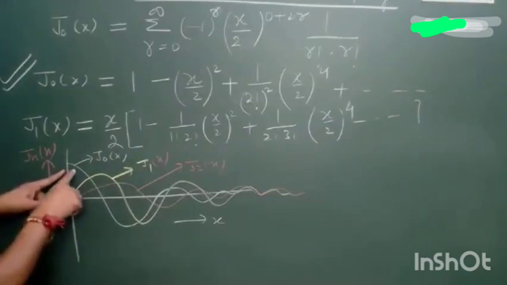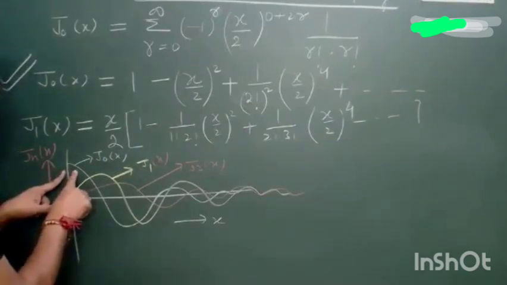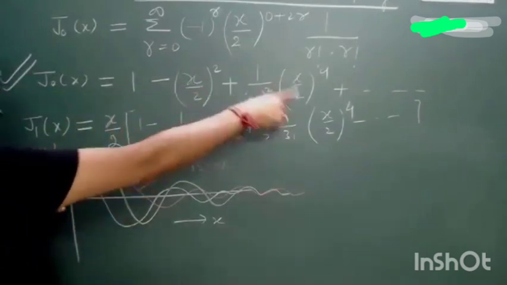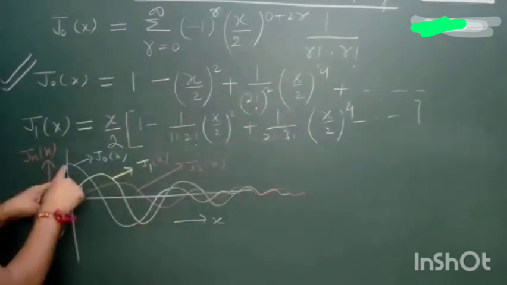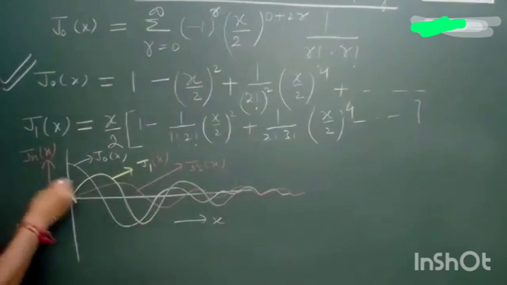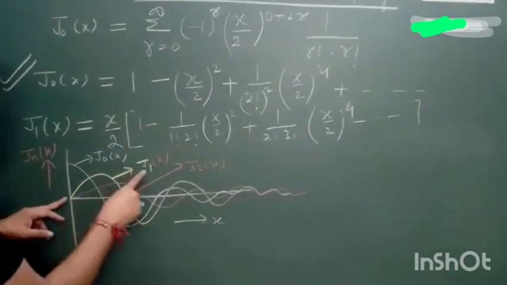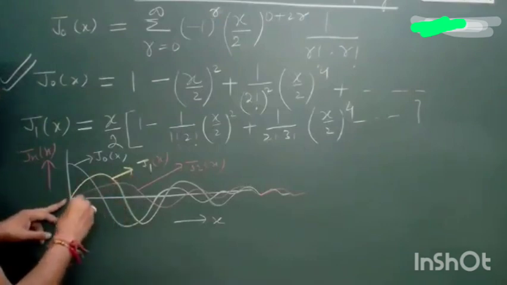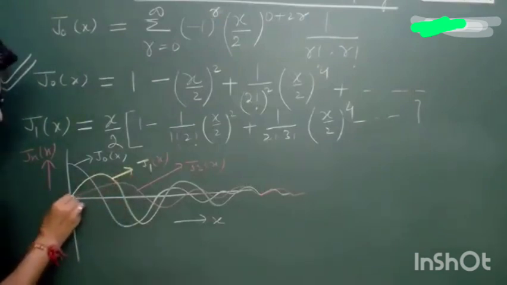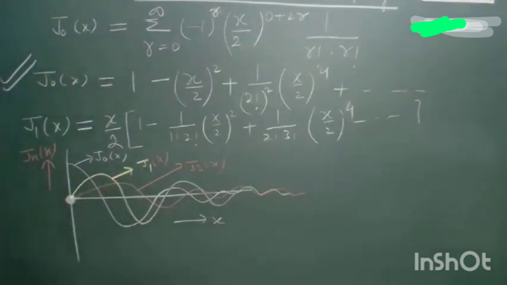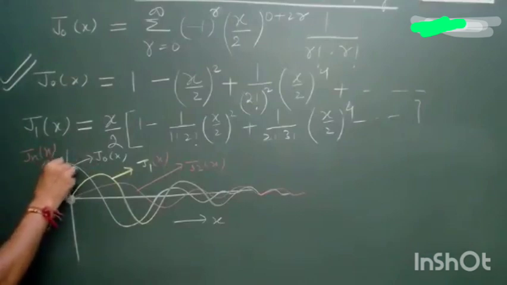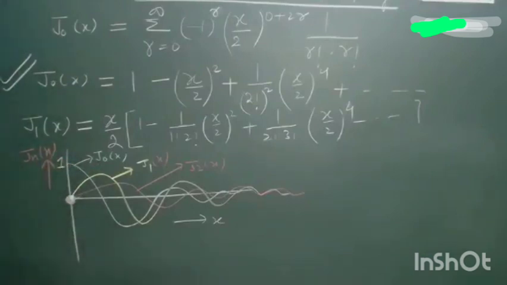The value of J0: you can see only even powers are there, so this is an even function. If you plot it this side, it will be symmetric. And for J1, all other values will start from 0. Only J0 will have value equal to 1 at 0, correct?